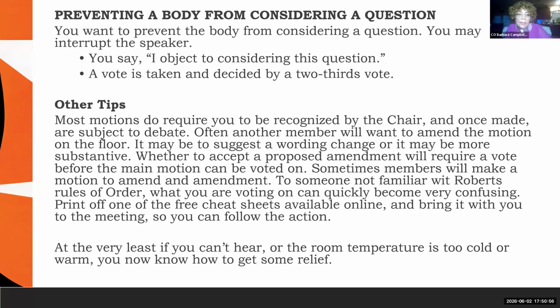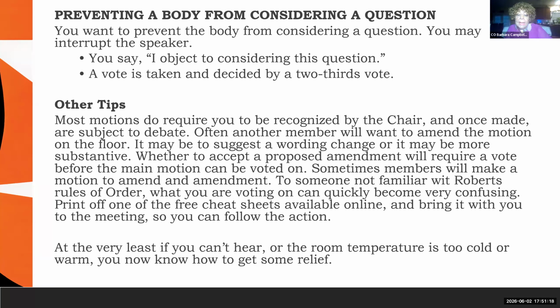Prevent a body from considering a question. If you want to prevent the body from considering a question, you may interrupt the speaker. You say, I object to considering this question. A vote is taken and decided by a 2/3 vote. The question may be totally out of order because it doesn't apply to anything that we're covering at that time on the floor.